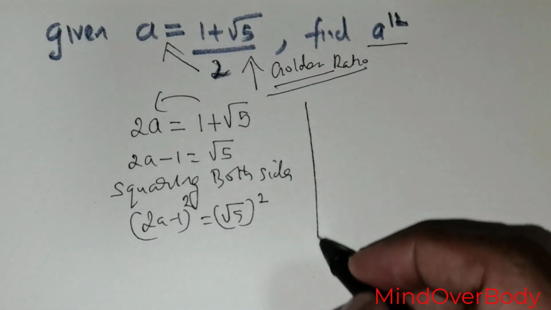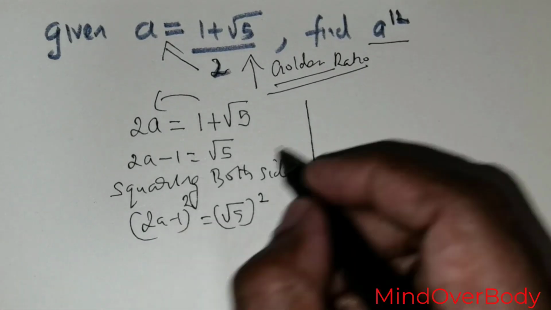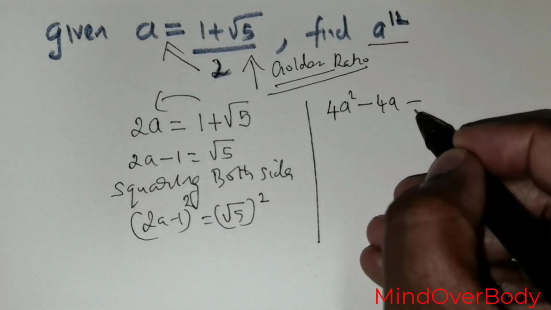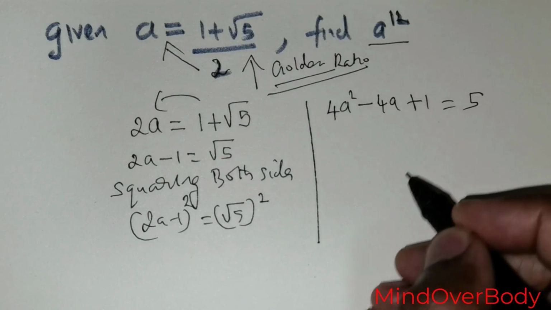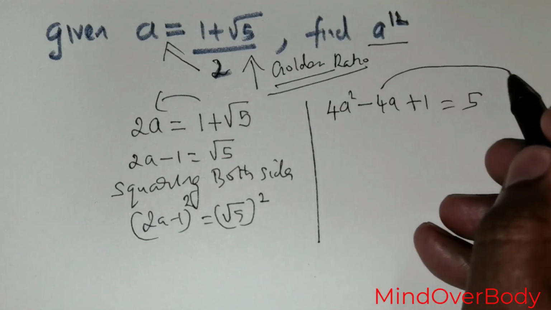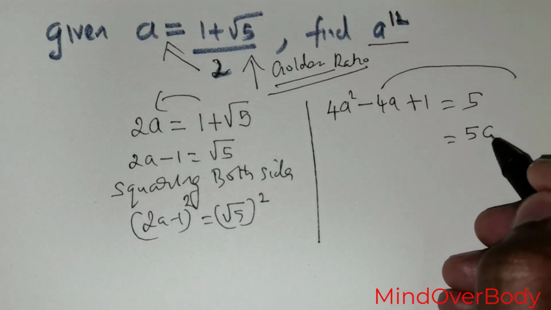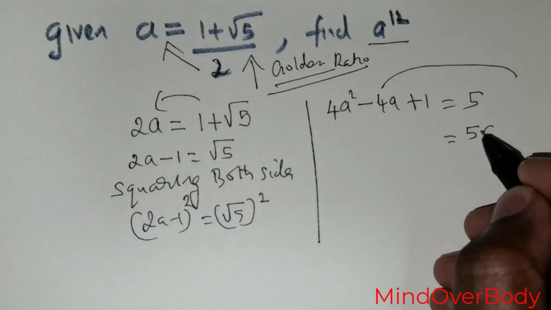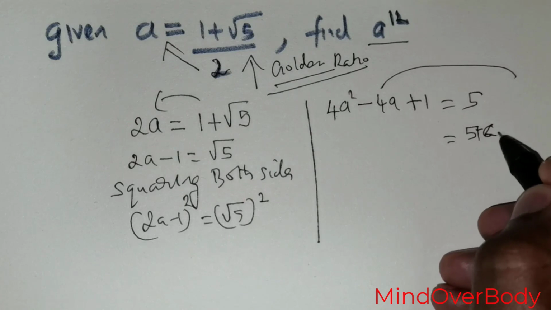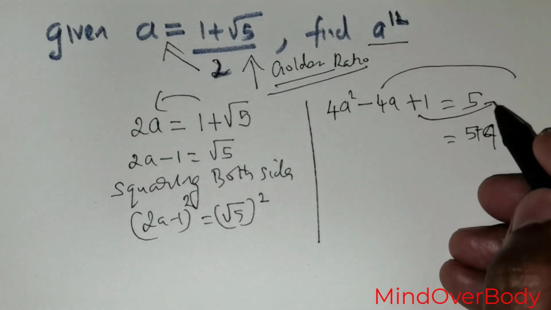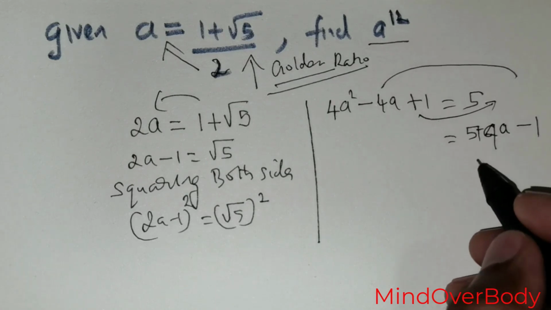I would like to expand this side. So this is going to be 4a² - 4a + 1 is equal to 5. I would move 4a with the negative sign to the right hand side, so that would give me 5 + 4a. I will also move this positive 1 to the other side. That's going to be -1.